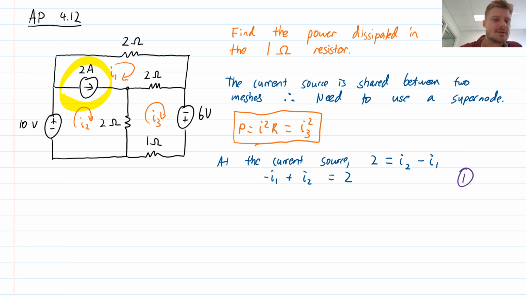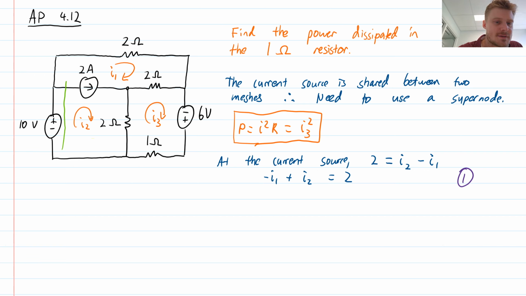The next thing that I need to do is define the path of my supermesh. And so the way that I do that is I look at the two meshes that are contained within that supermesh. So those two meshes will be I1 and I2. And I draw a path that goes around those two meshes.